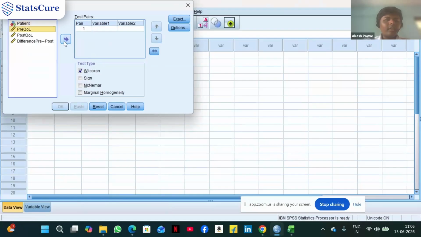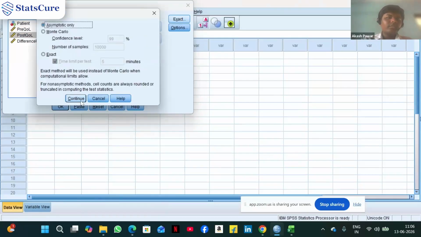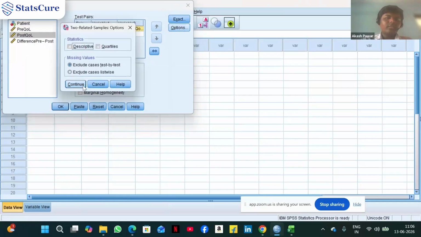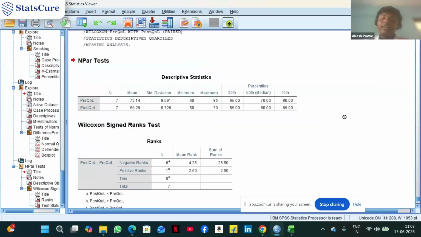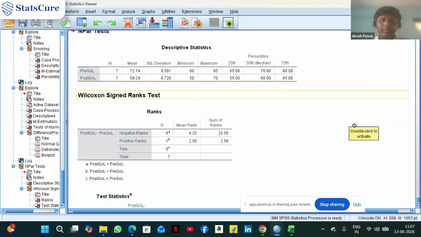Wait, a bit slow. Yeah, pre, then post, and then Wilcoxon signed rank test. Descriptives and quartiles, but it is of no use because it is not giving group-wise values. It will give now because we have 2 variables, pre and post.